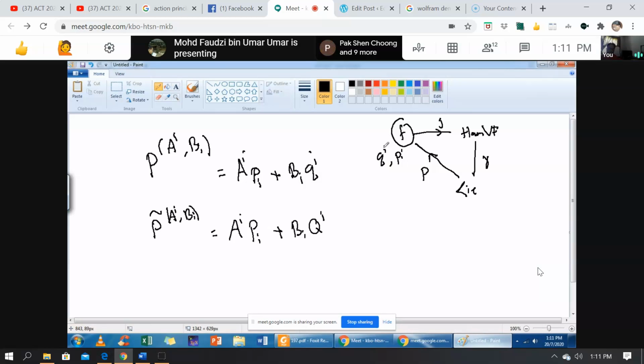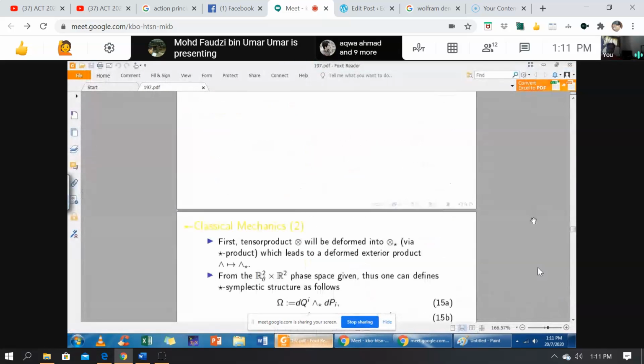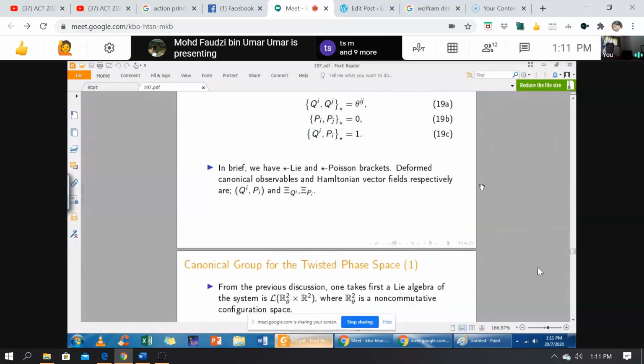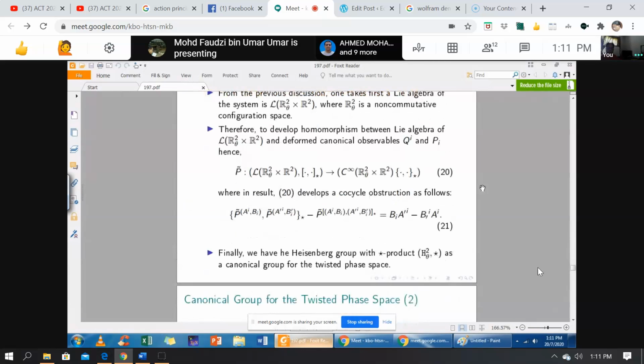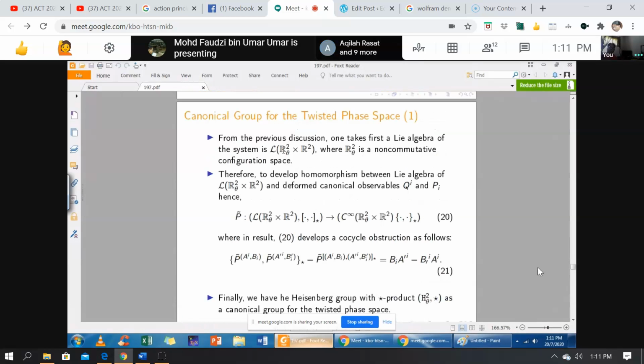So what is the Lie algebra that is being produced? It's not quite clear when you switch to this star product. What is the essential algebra that you want to take the canonical group from? I already said this one is not r, not r squared, but r theta squared.